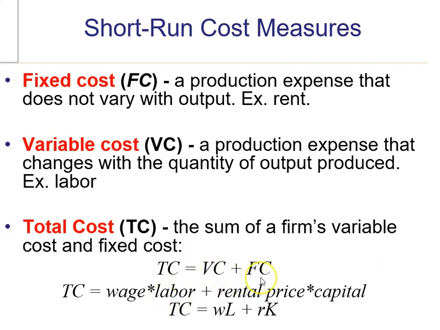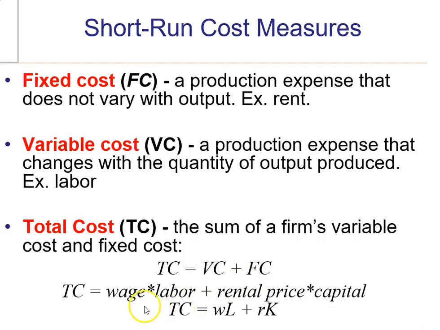Your fixed cost, a cost that doesn't change with output, is your cost of capital or number of machines that you have. So take your capital, the number of units of capital that you have, and multiply it by the rental price per capital.